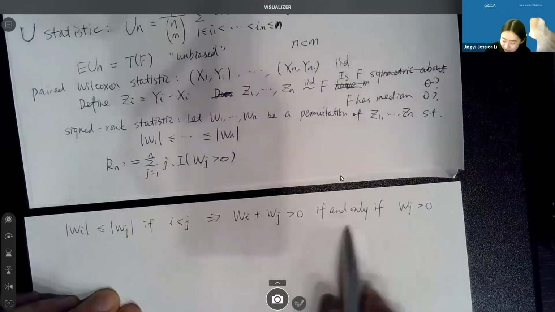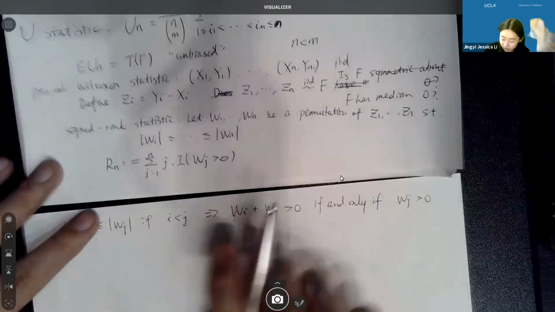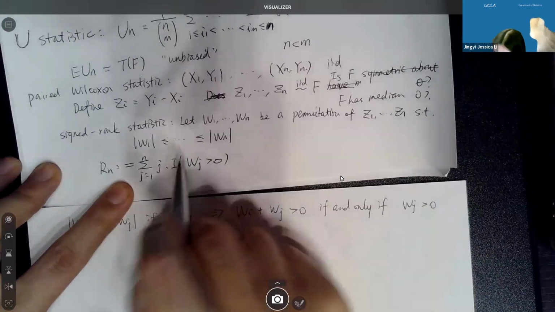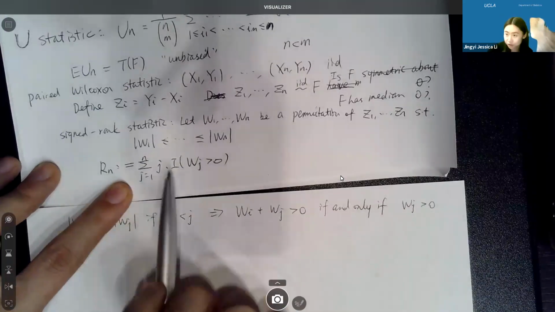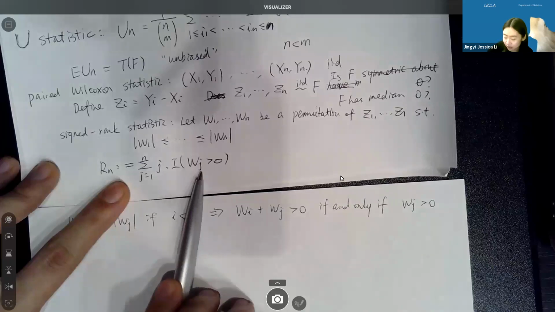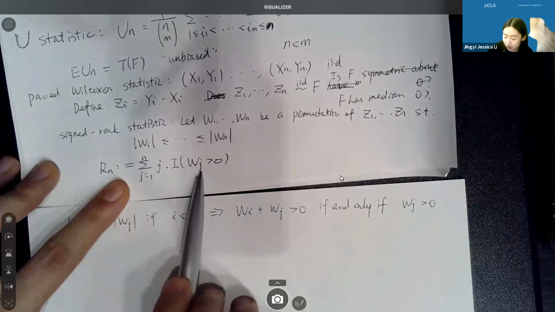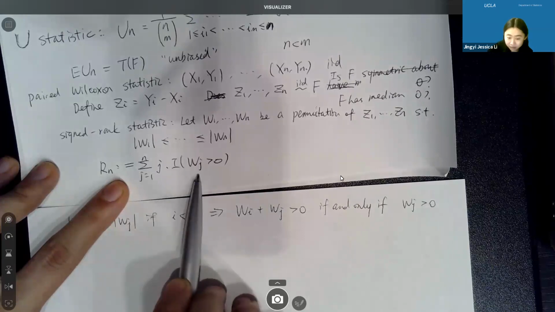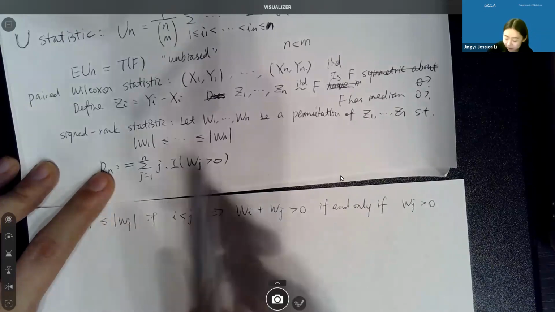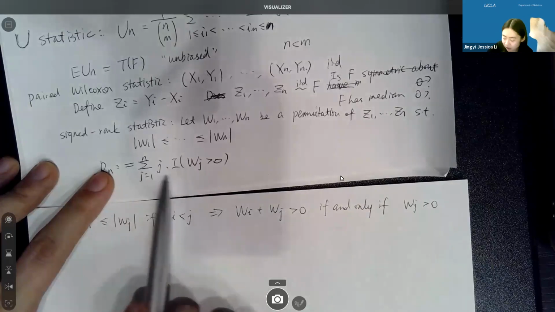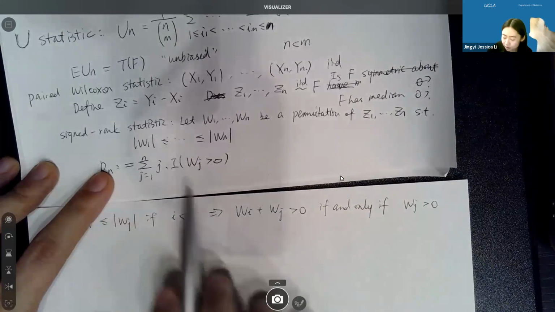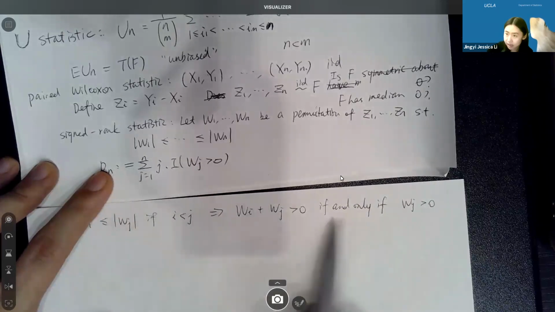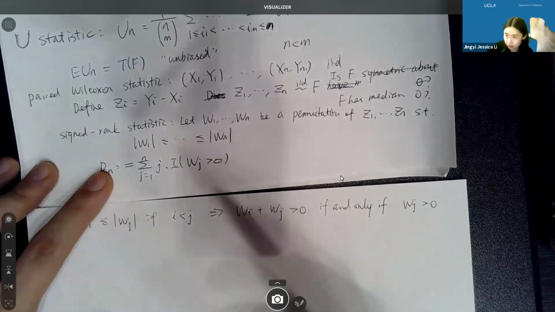Because you see in this Rn, I can write it as j copies of the indicator Wj greater than 0. And I can pair Wj up with W1, W2, and so on. Every time W1 plus Wj is greater than 0, based on this argument, it is equivalent to Wj greater than 0.